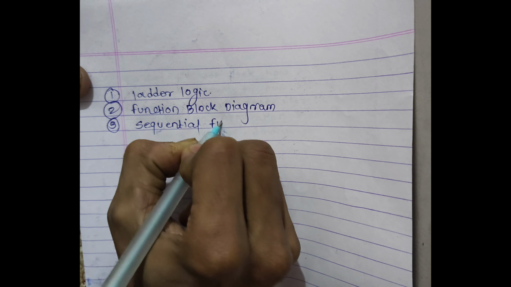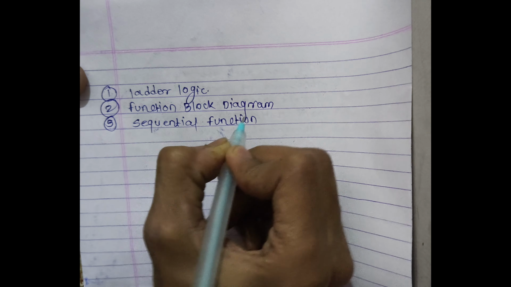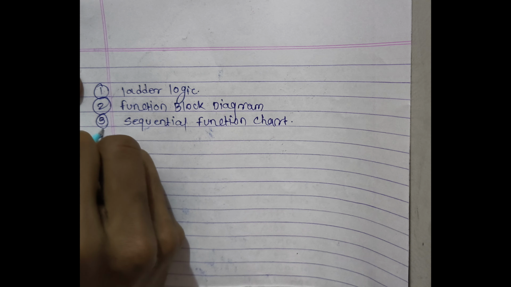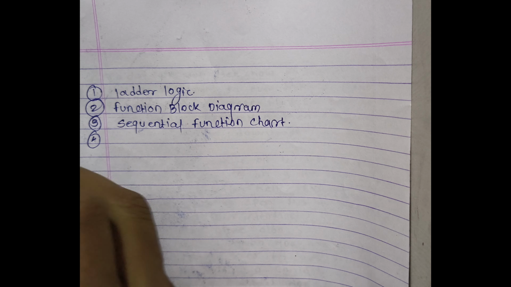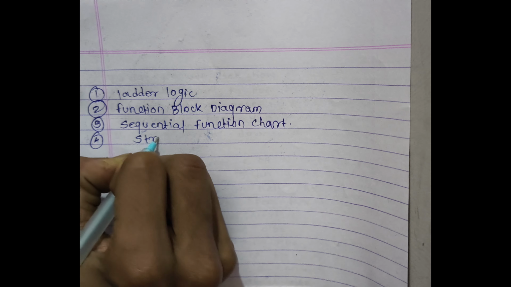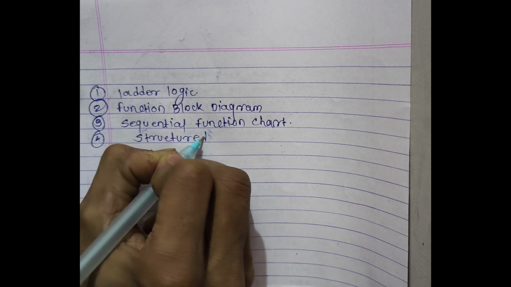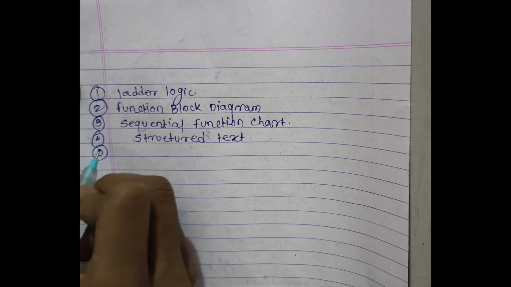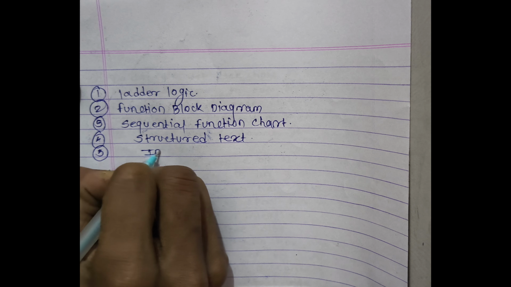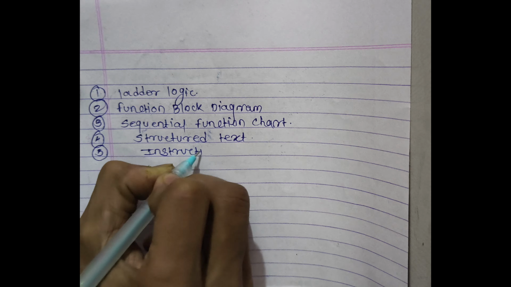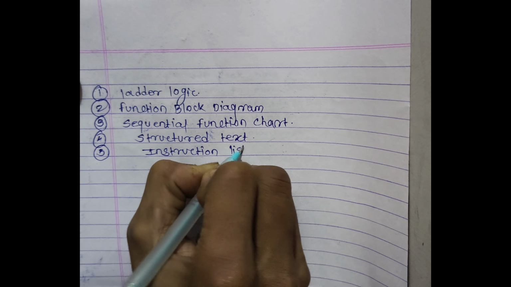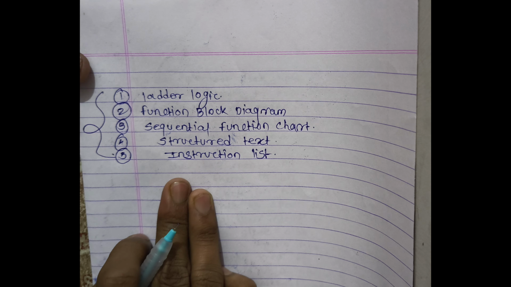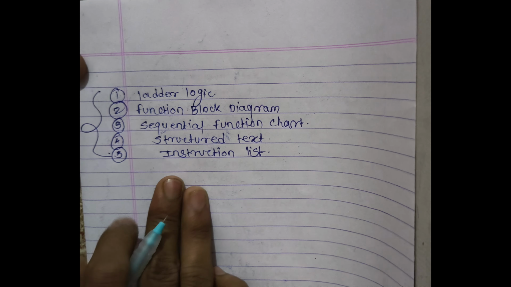The fourth language is structured text. Then the fifth language is instruction list. These are the 5 languages that PLC is programmed in.